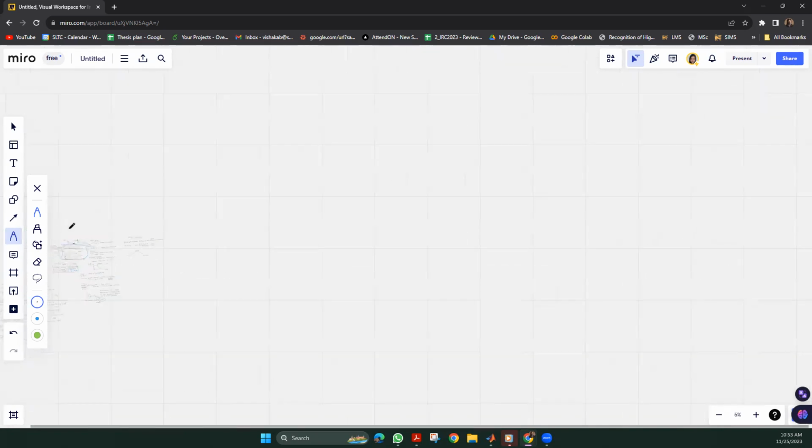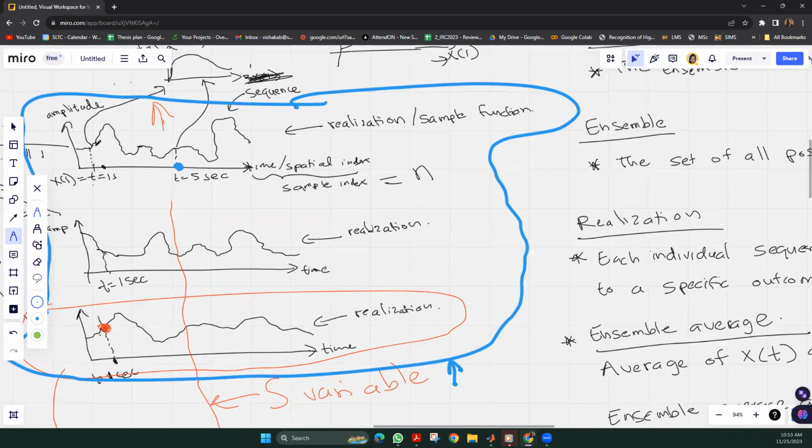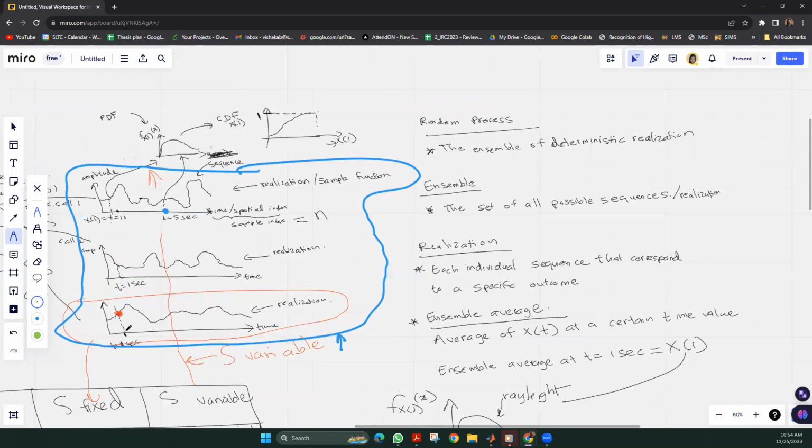Let's go back to this diagram. Ensemble is the set of all realizations.